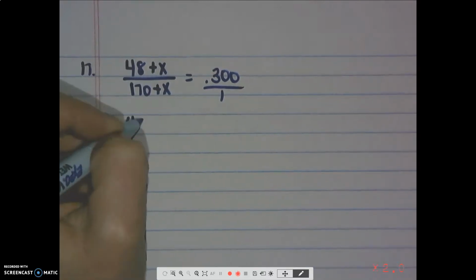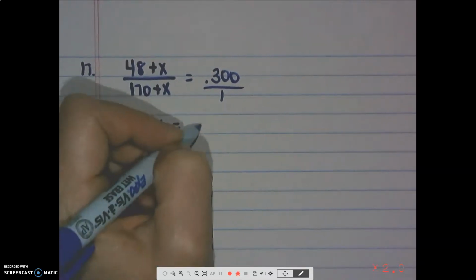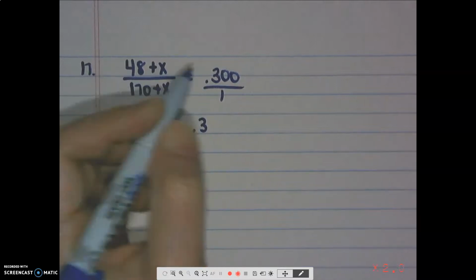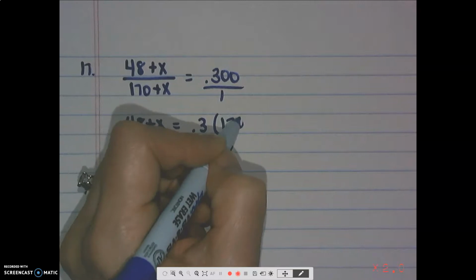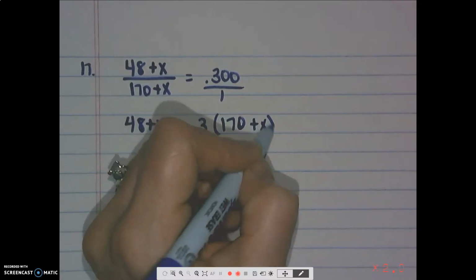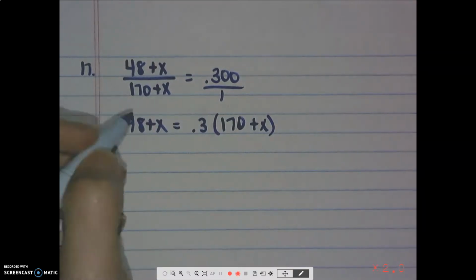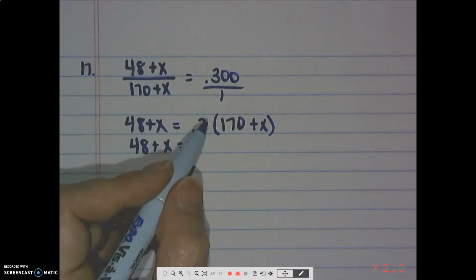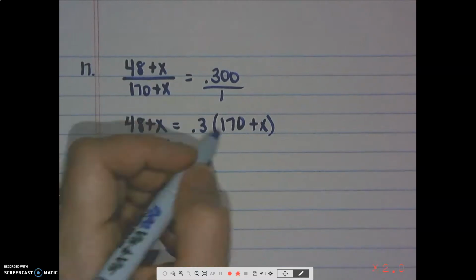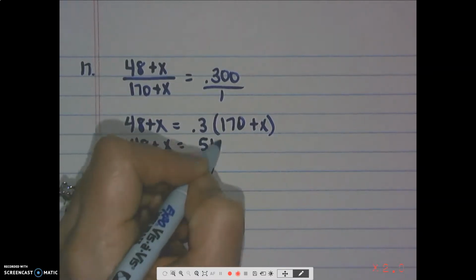So we would get 48 plus X equals our 300, or just 3/10 here, in, I'll say, normal numbers, times the 170 plus X. We're going to distribute the 0.3, or 3/10 times 170 is 51.